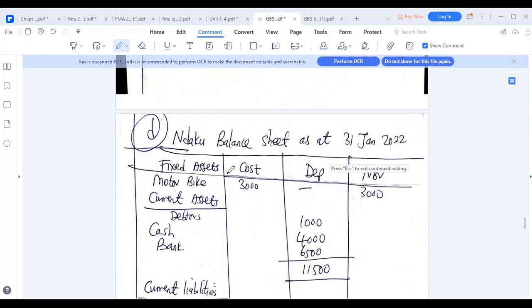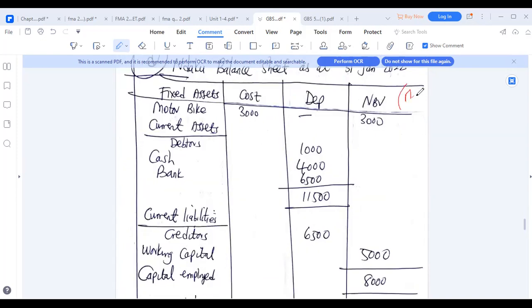You have the fixed assets: the cost, the depreciation, and the net book value, which is the NBV. The motorbike is a fixed asset we bought at 3,000. There was no depreciation, so we have a net book value of 3,000.